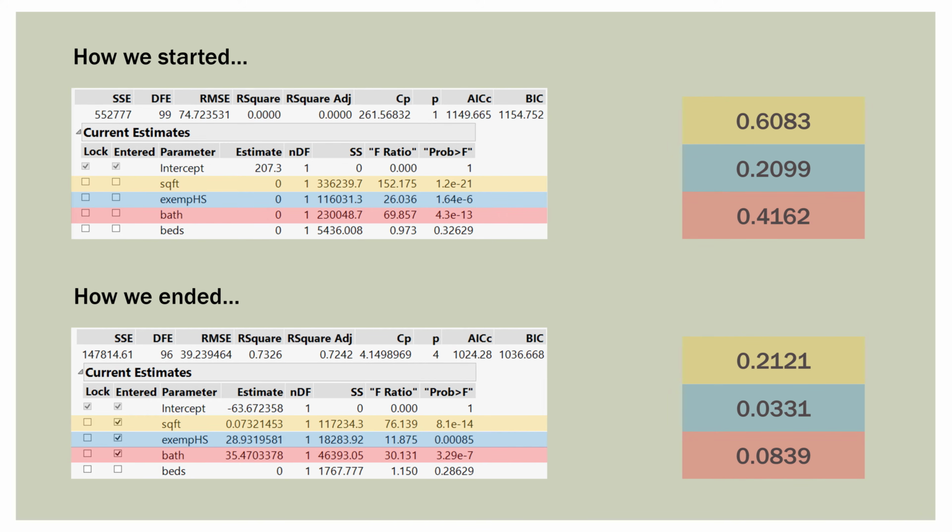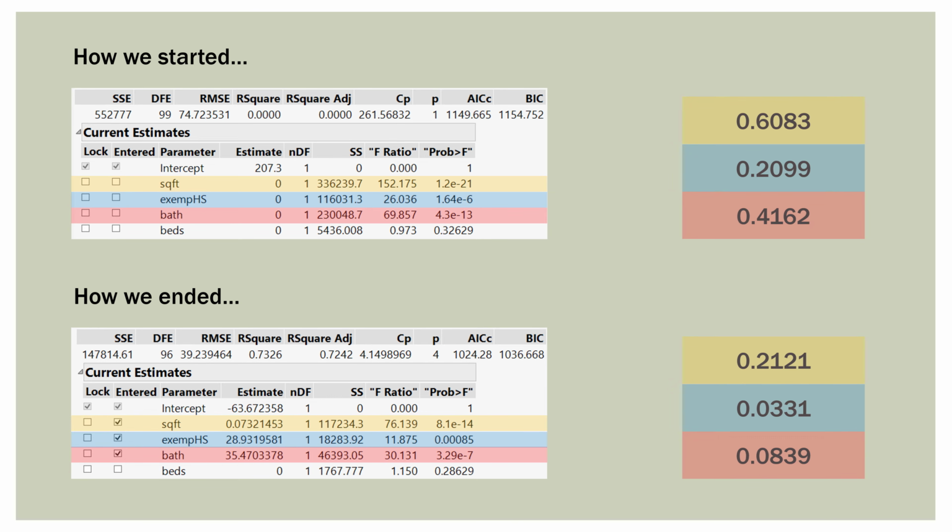Now, the cool thing is that when you get this final model, this final output, regardless of which technique you use, these fundamentals all work the same. We're going to have a list of variables that enter the model. We will have our sum of squares, our F ratio, and everything, regardless if we use forward selection, backward elimination, stepwise, or even best subsets.